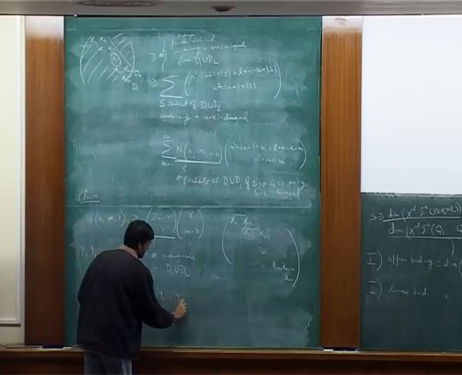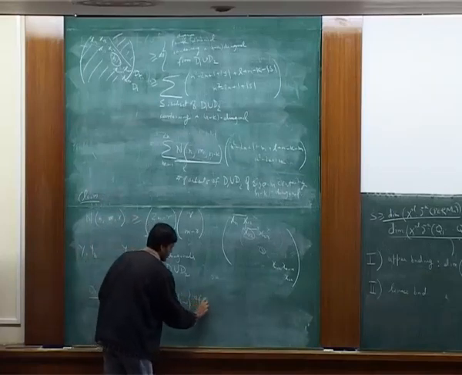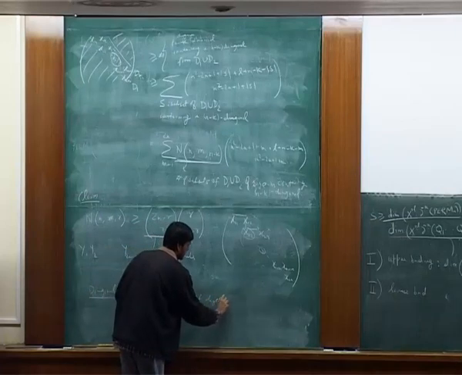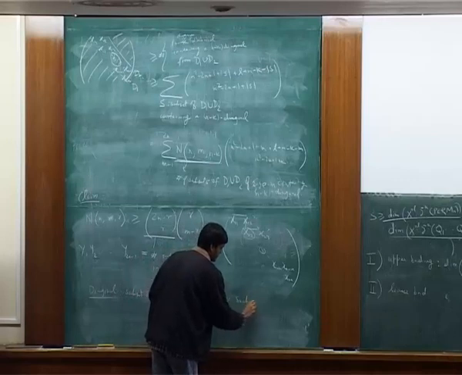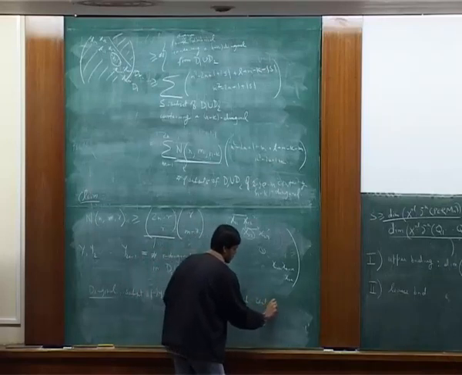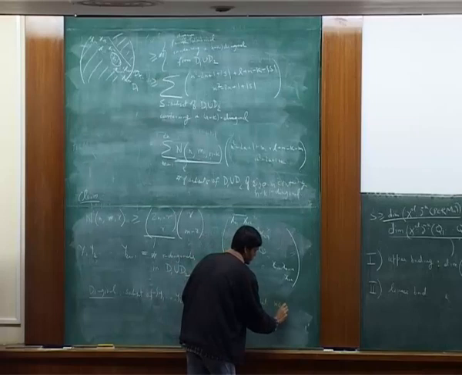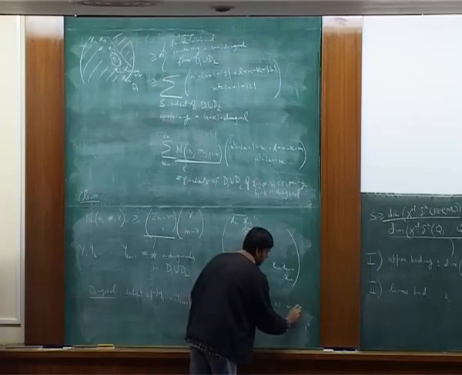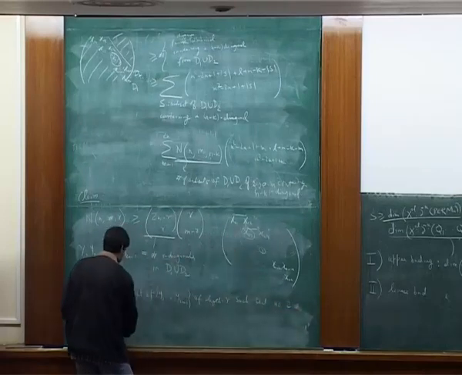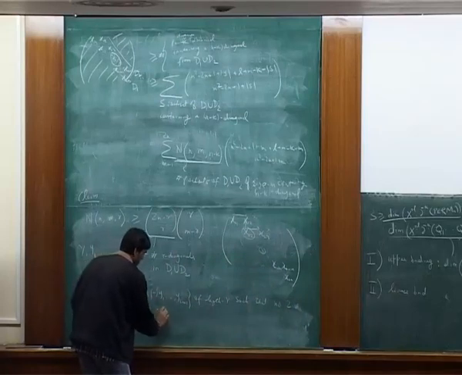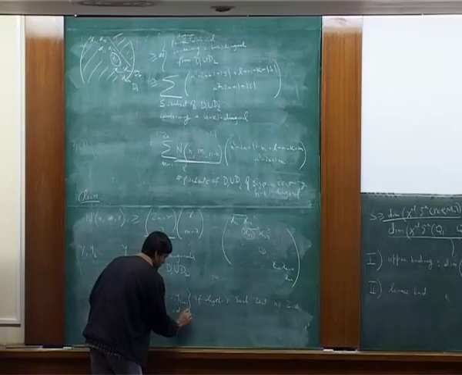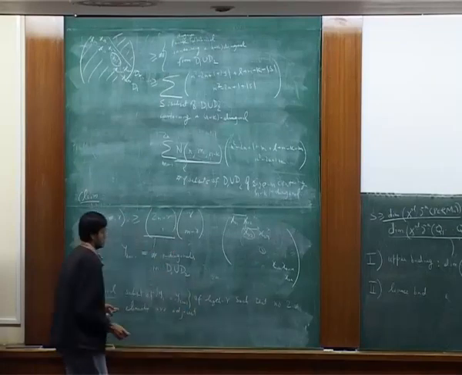y1 to y2n minus 1 of size r such that no two elements are adjacent, right?